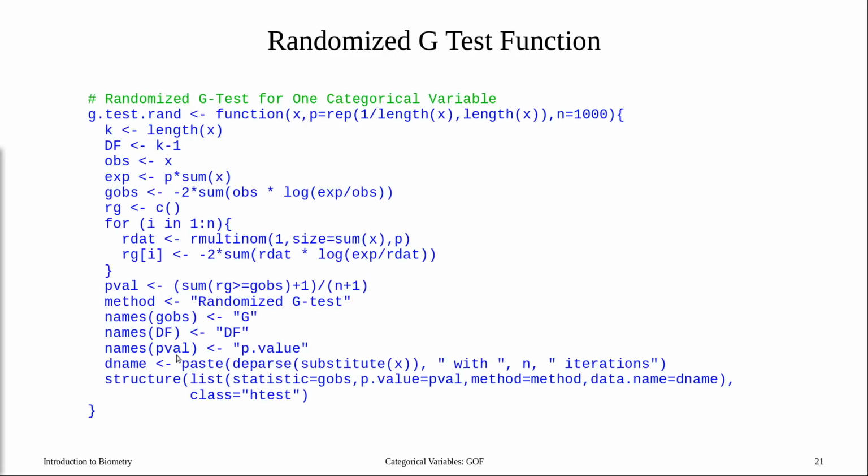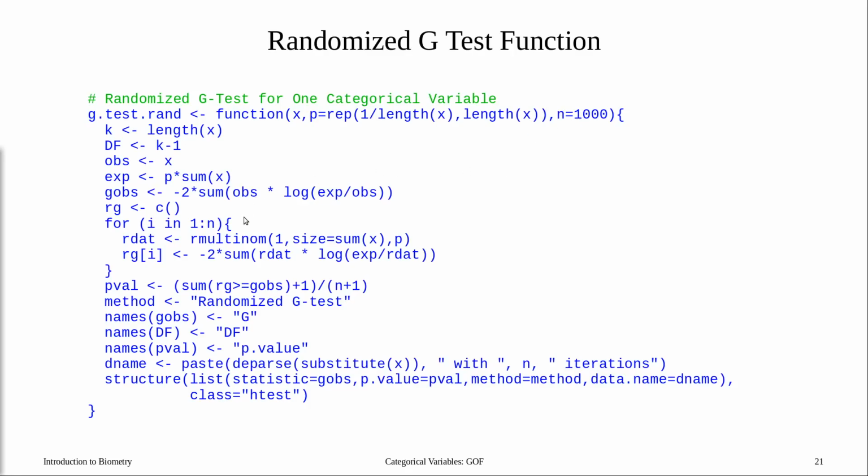And this is our g-test randomized version. So I called it g.test.rand. It takes the same format as before, so our x vector, our probability vector, and this time instead of B, I used n for the number of replicates. That way it is equivalent to our randomized chi-square.